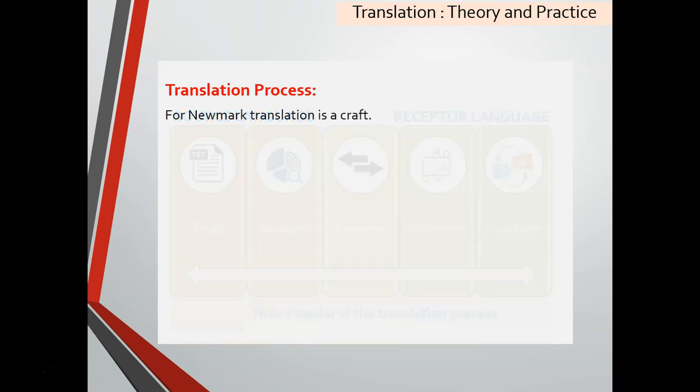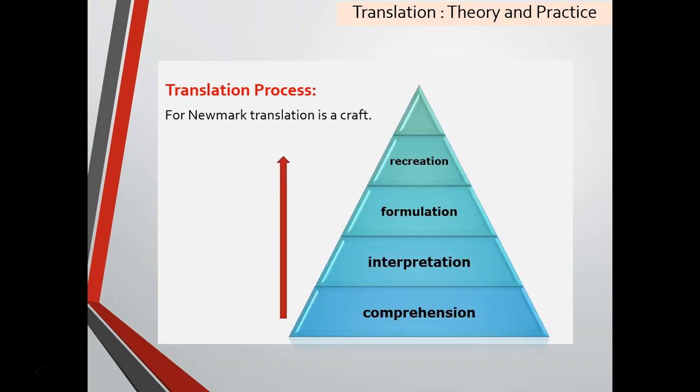On the other hand, Newmark has a different view concerning the translation process. To Newmark, translation is a craft that consists also of 4 steps. The first important thing is the comprehension and understanding of the content of the text to be translated.